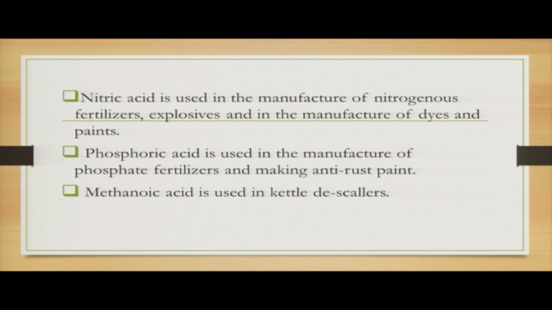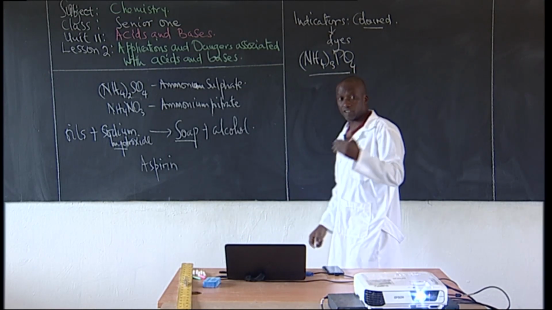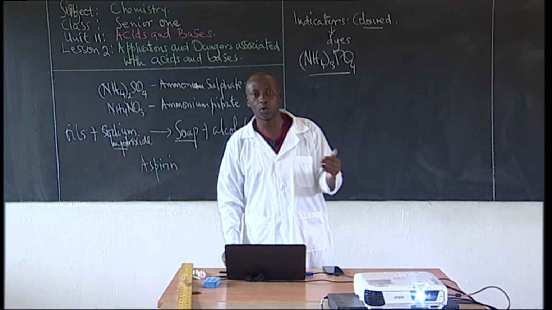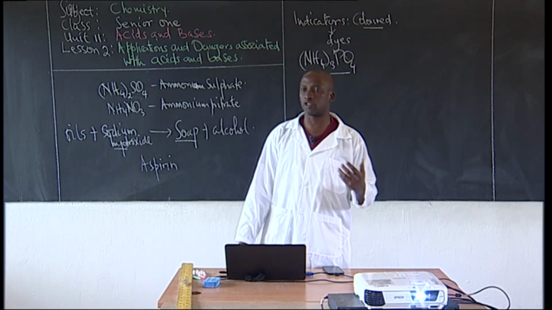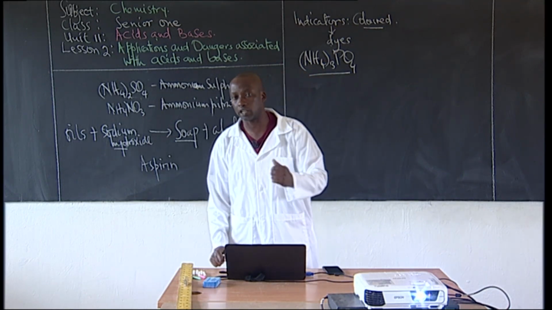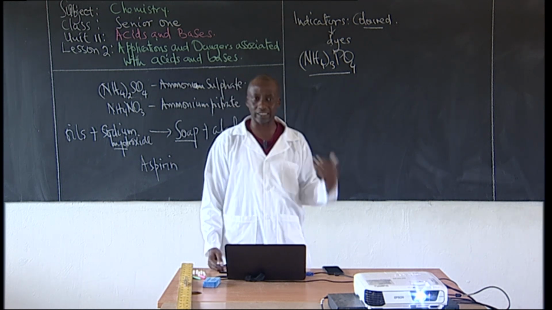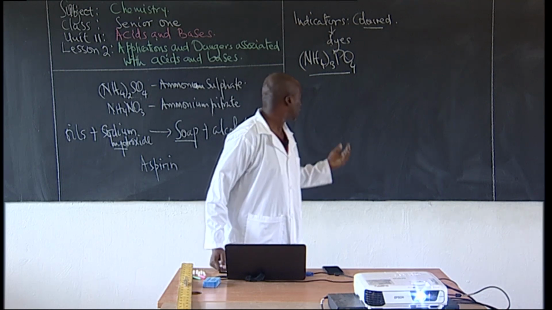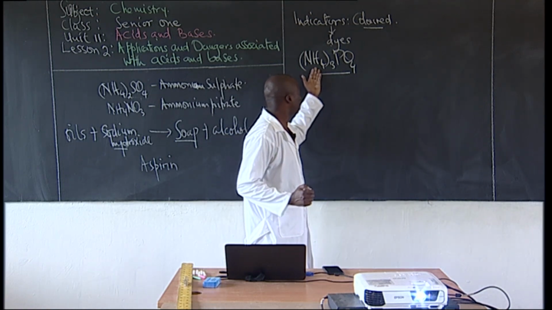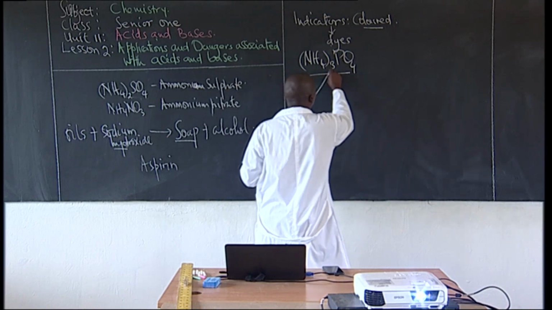When we have a phosphate, like ammonium phosphate, that means we are using phosphoric acid. Ammonium phosphate is a fertilizer that comes from two substances.